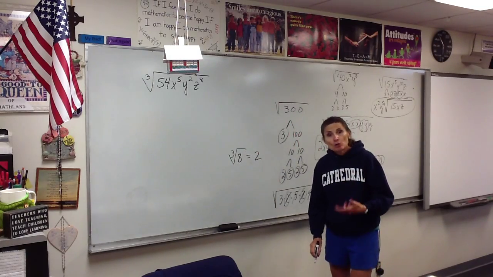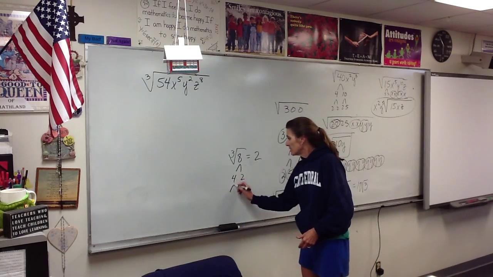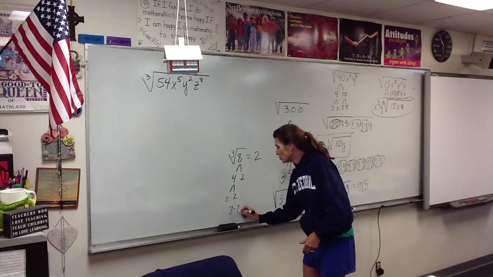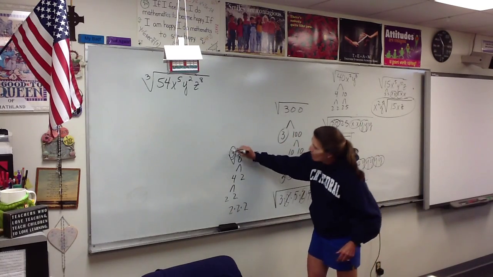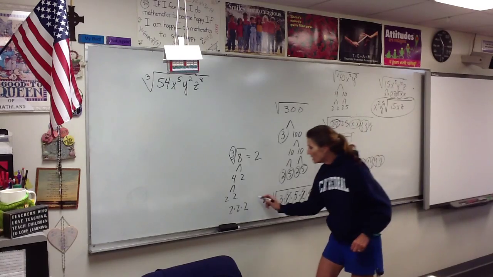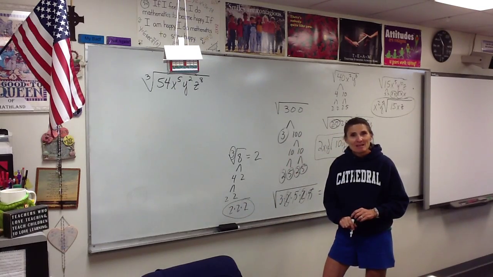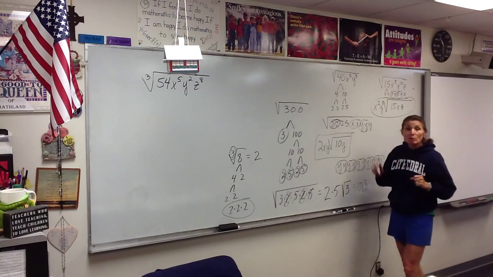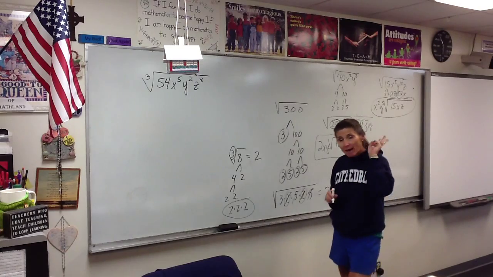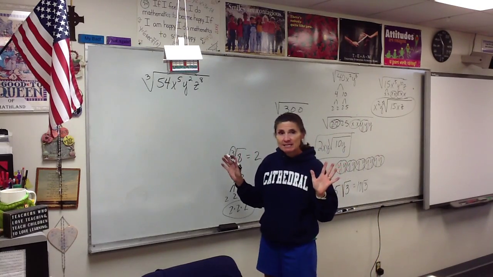And why is the cube root of 8 2? Because 8, if you break it down, is 2 times 2 times 2. When we do cube roots, we look for groups of 3. So instead of finding pairs, which we do in square root problems, we have to look for groups of 3. Otherwise, everything stays the same.